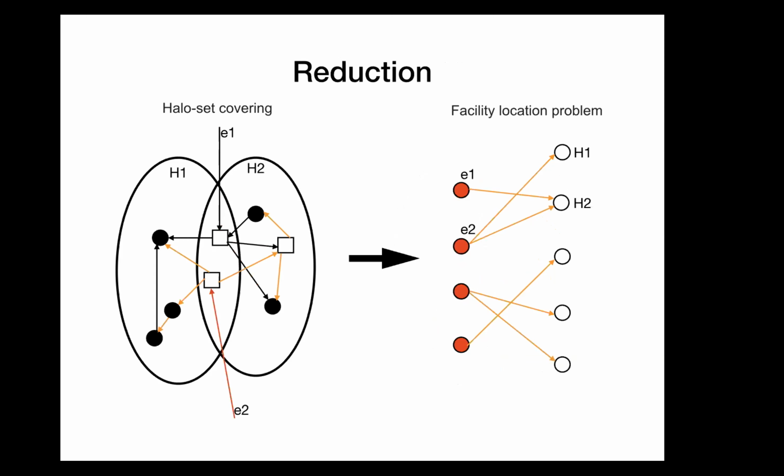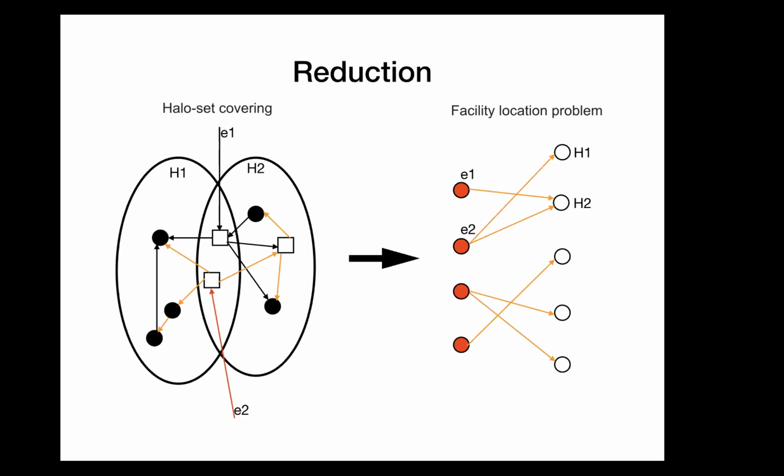So let's define the facility location problem first, and then we can see the reduction. In the facility location problem, there are N clients, which are the white nodes, and M non-negative cost facilities, which are the red nodes.